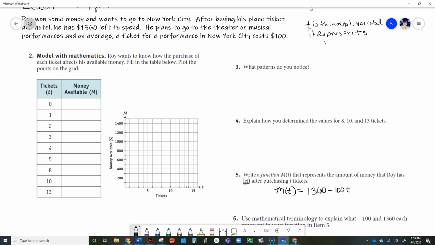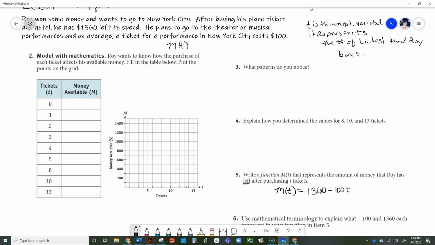It represents the number of tickets that Roy buys. Okay, T is the independent variable. How do I know it's the independent variable? Because we have to know how many tickets he buys before we can know how much money he has left.